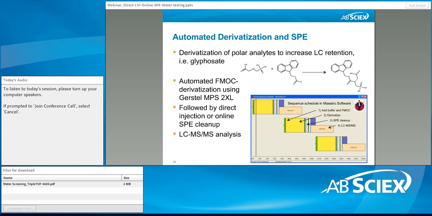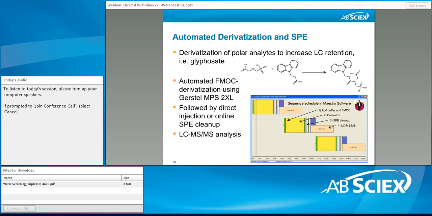And at the bottom, I put a screenshot of the Gerstel software where you can see the flow of analysis, which all happens automatically. The Gerstel front end is adding the buffer and the FMOC reagent.